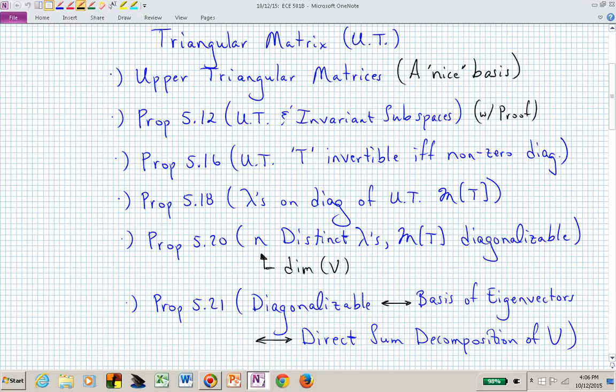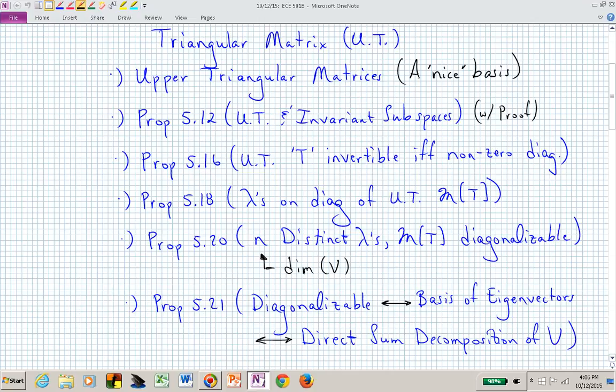You have n linearly independent, and they span the space, all just using your eigenvectors. That's equivalent to having then a direct sum decomposition of your vector space V. And if the last statement is equivalent to the middle one, then the last one is equivalent to the first one by this relationship of each of these being equivalent to the others.